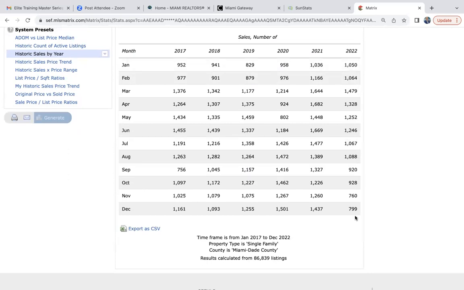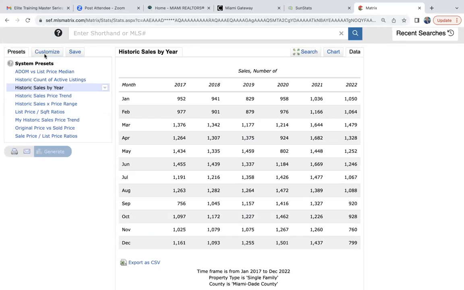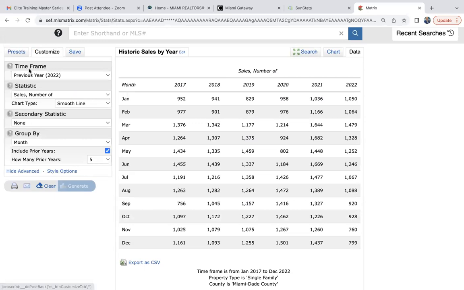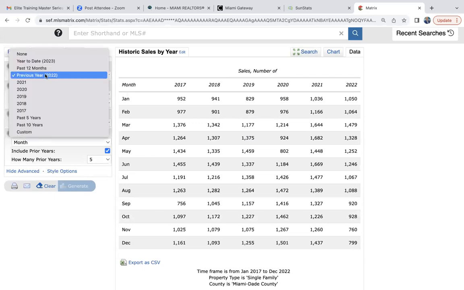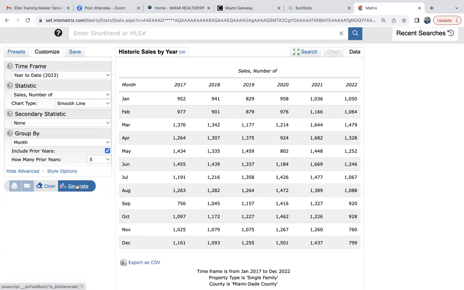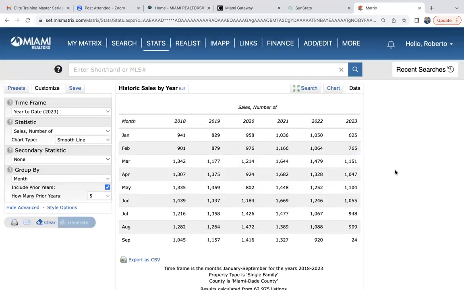Now, you may ask, where's 2023? Well, for 2023, we need to go to customize here. And you want to go ahead and show the time frame for the last year to date. So year to date right here. Click on generate, and now you're going to take a look at 2023.